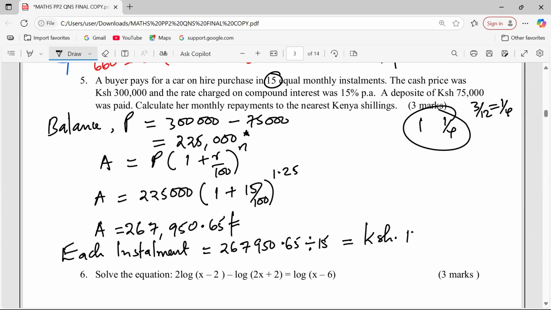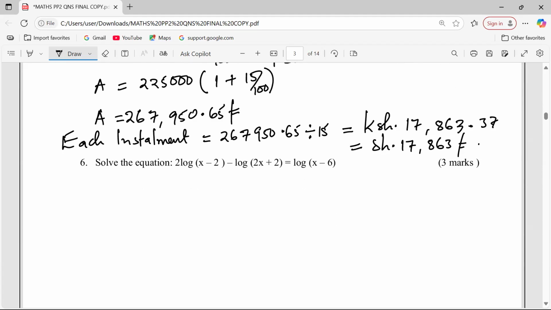So this is going to be 17,863.37, whereby when we talk about the nearest shilling, it shall just be 17,863. That is the amount to the nearest shilling, according to the instruction.